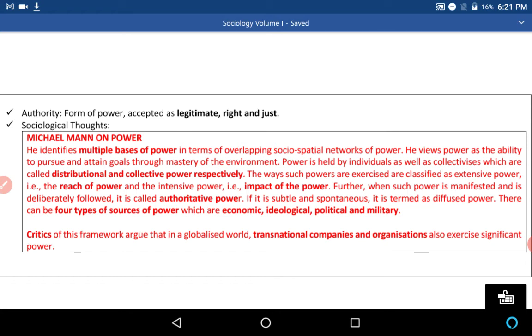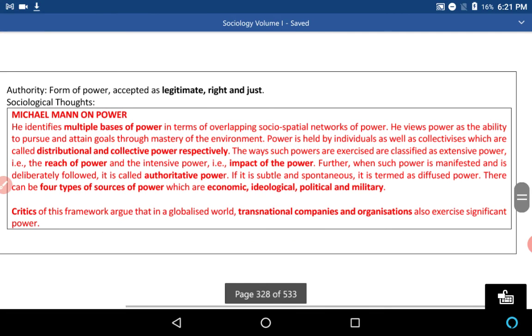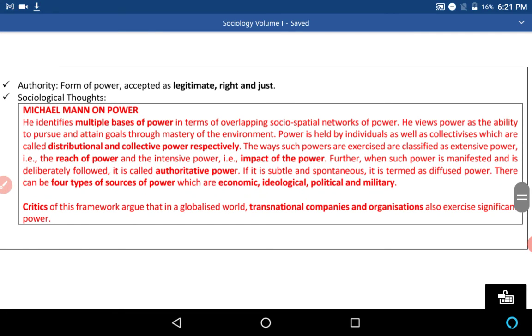Now, whenever I talk to you about sociological thoughts on power, the Michael Mann thesis on power is really important. He says that there are multiple bases of power. He also identifies them, and he saw it as the ability of the human race to control the environment.